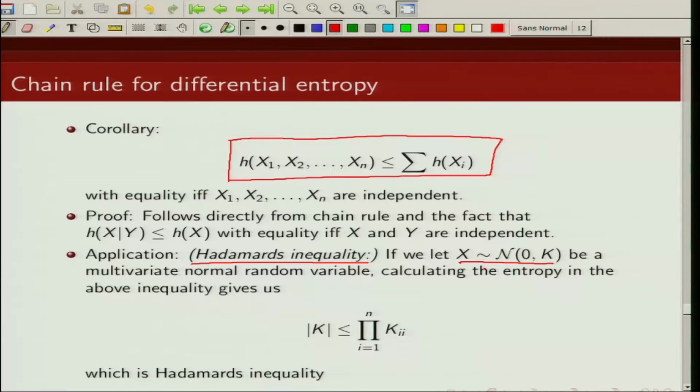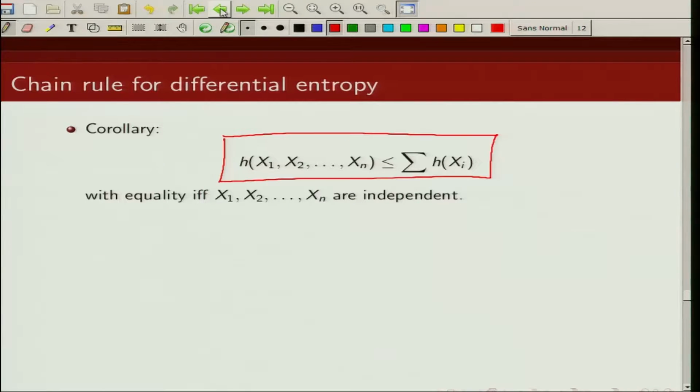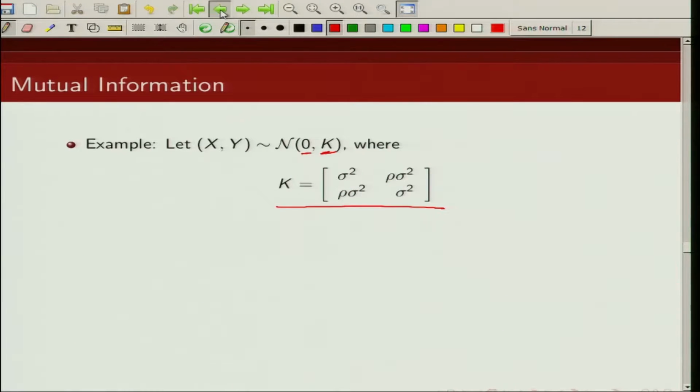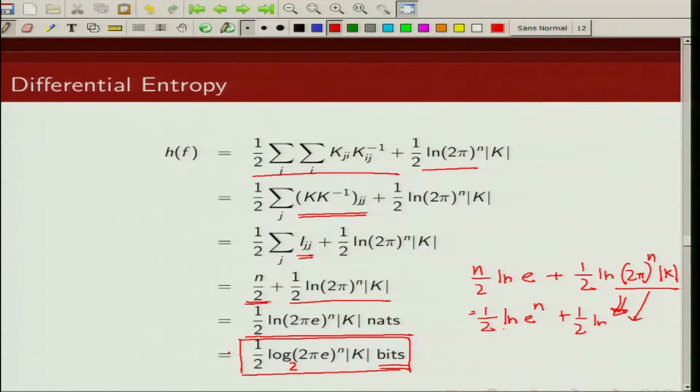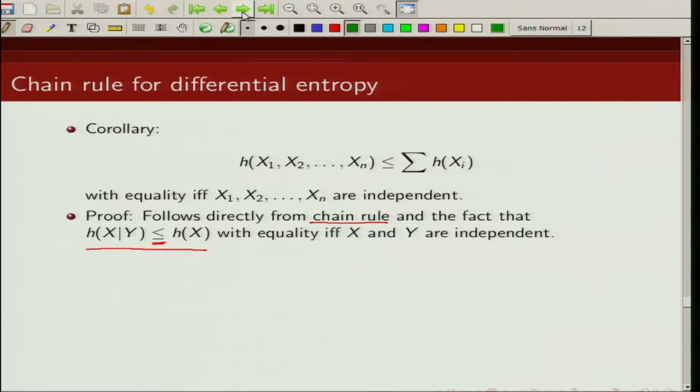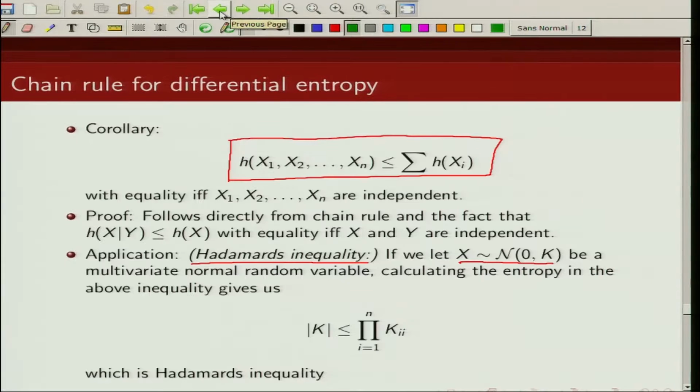Now if we compute its differential entropy, we have already done this before, this is given by this expression, half of log of 2 pi e raised to power n determinant of k. And what is this h of xi?